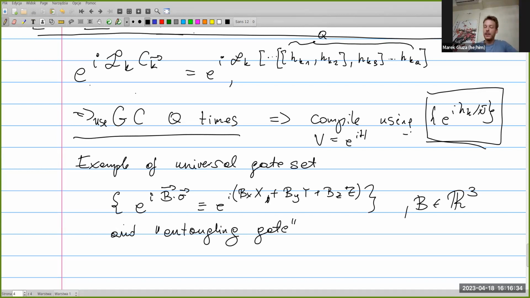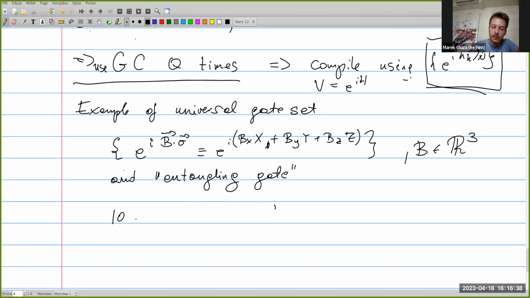What do I mean by entangling gate? It means that if I have a state 0, 0, and I apply this entangling gate epsilon to 0, 0, I get a psi, and psi is entangled.